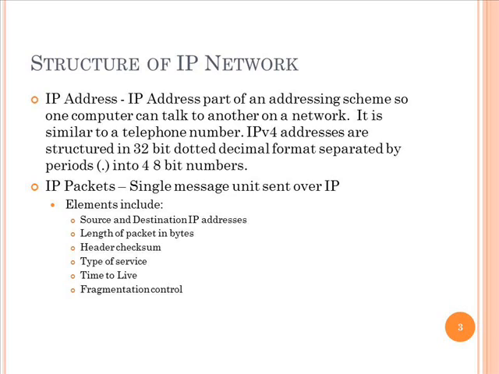Each one of the elements discussed here takes up a certain number of bits inside the IP header, which is a 20-byte header. So each one has a certain number of bits allocated to them that eat into that 20-byte IP header.